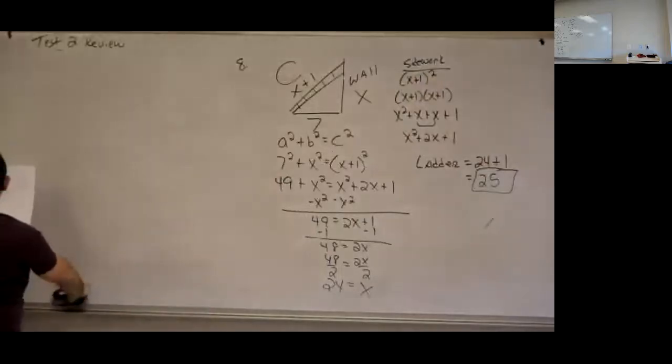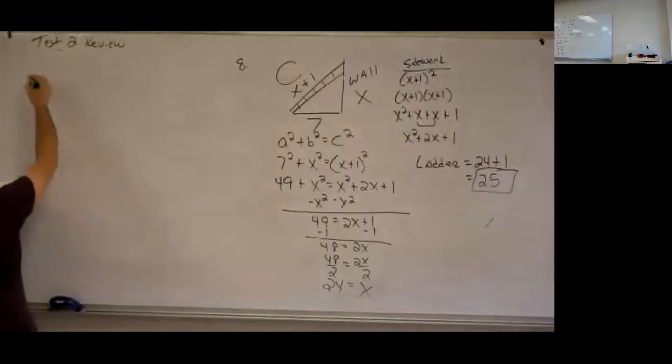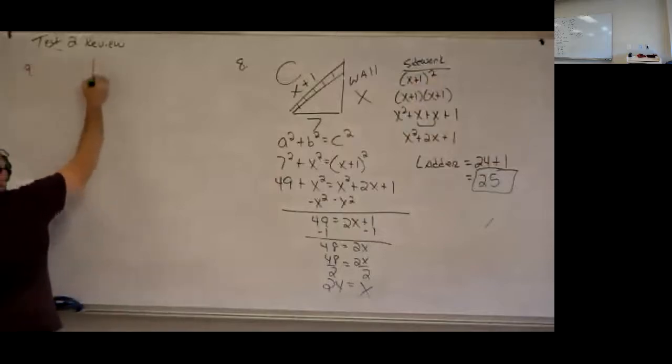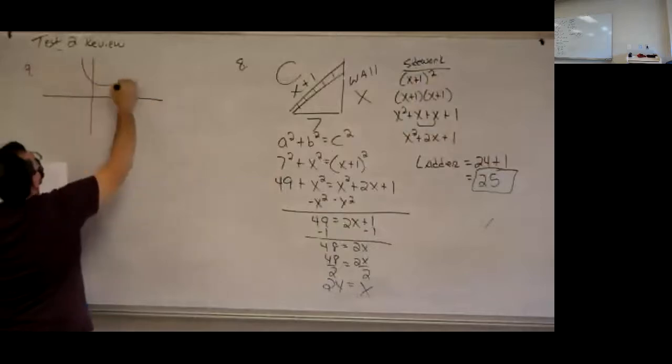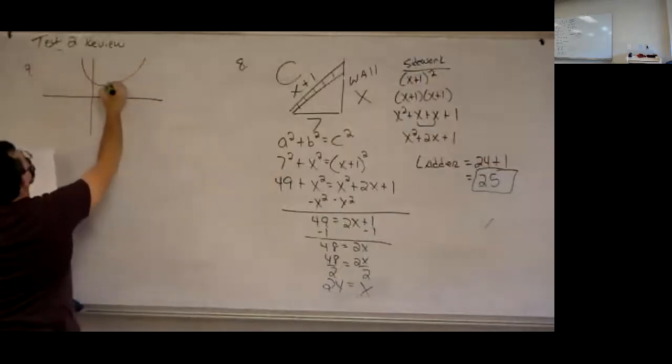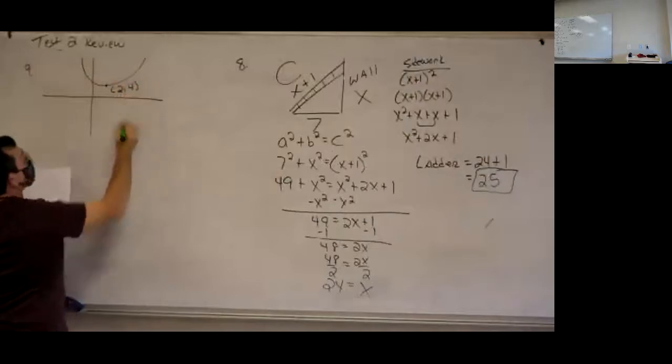All right, so this is what I learned. All right, they're giving me a graph. And what they're telling me is this vertex here is the point 2, 4.